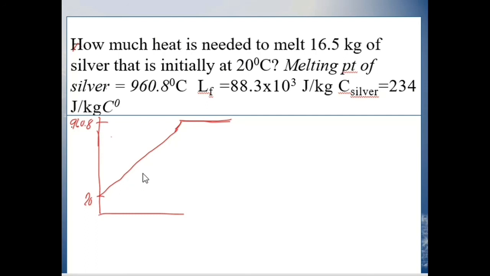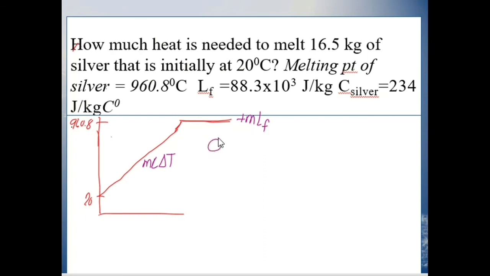We have from 20 to 960.8, the mass of the silver, C of the silver, and then delta T from 20 to 960.8. And then here, since it's absorbing energy, so that is positive mLf, to melt the silver.